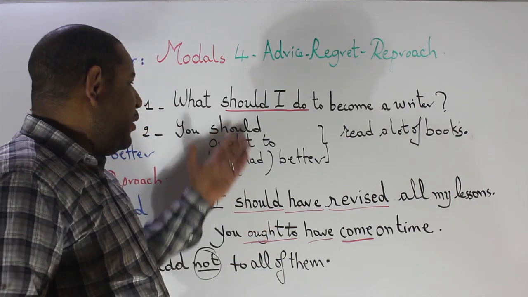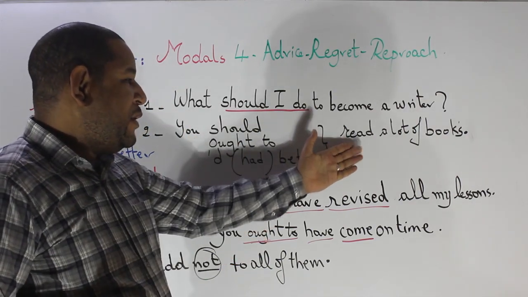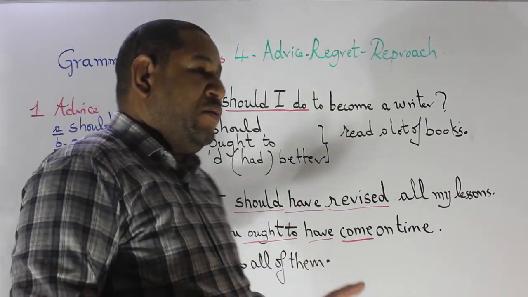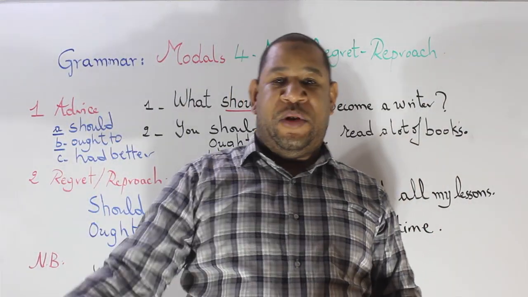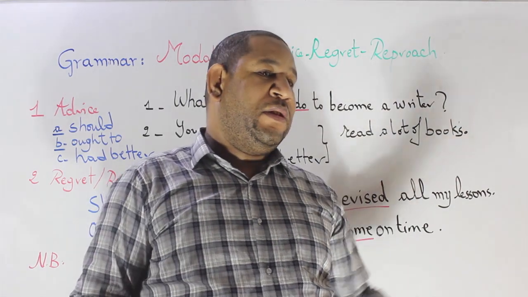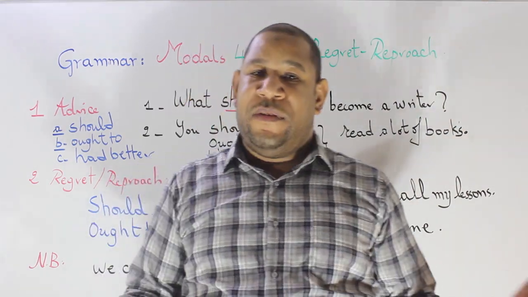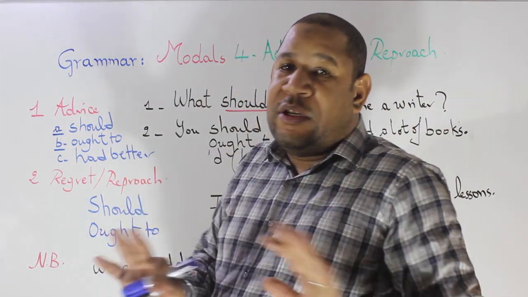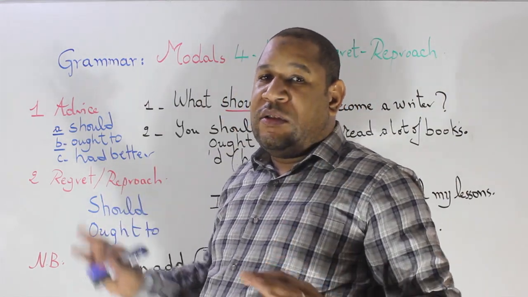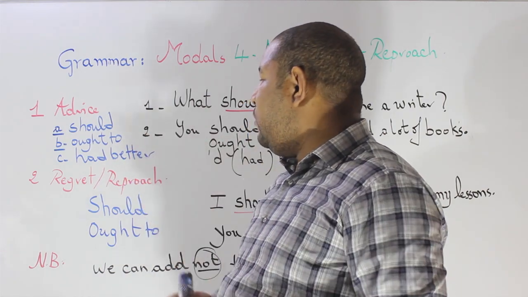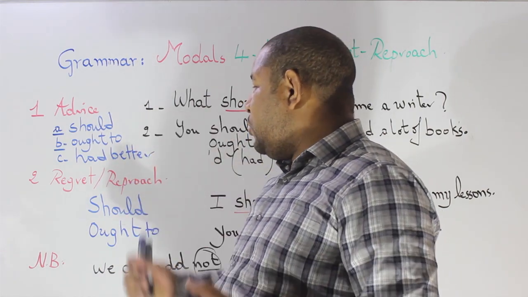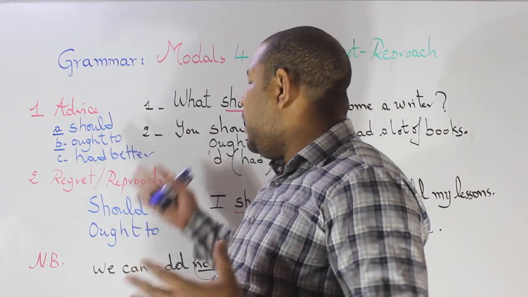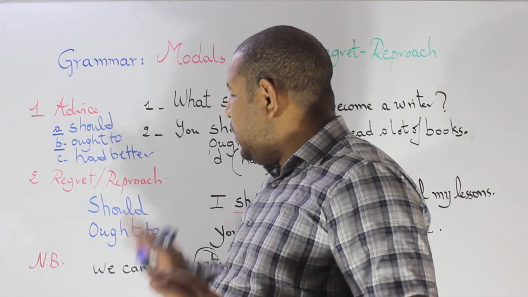So simply, if you have one of these plus infinitive, like this, you should read a lot of books, you should see a doctor, you should practice sport, you ought to practice sport. That's advice. For you, there is no problem to know the difference between the 3. Simply, ought to is, let's say, more strong or more powerful than should. Had better is the same as should, and so on.